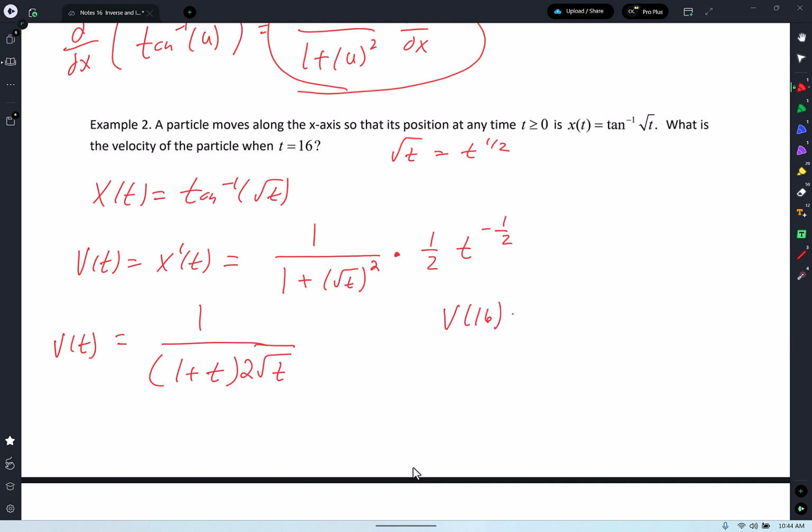V of 16 equals 1 over 1 plus 16 in parentheses, 2 times, what's the square root of 16? 4. So 1 over 17 times 8. Damn, what's 17 times 8? 136?